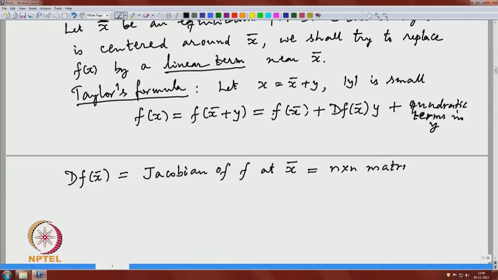Since it is an n by n matrix, I should tell you the entries of that matrix. In this matrix notation, I put 2 brackets, and the ijth element is this.